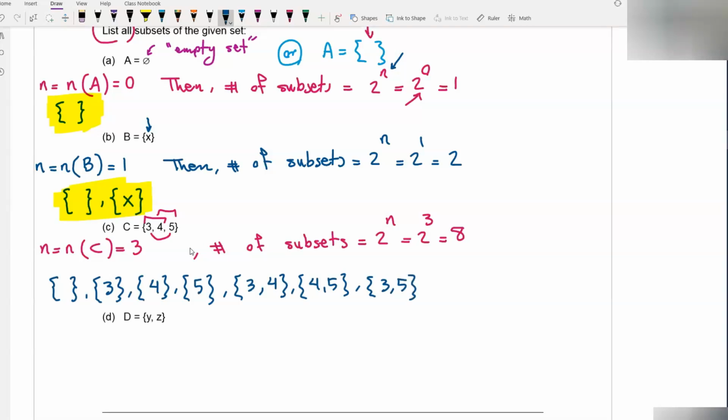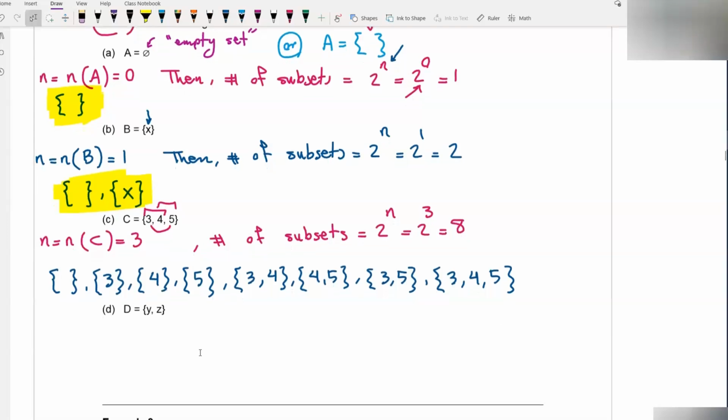So do not repeat. And finally, writing the set itself, which is 3, 4, 5. Now, how many do we have here? We have total 8 subsets. So this is the answer.